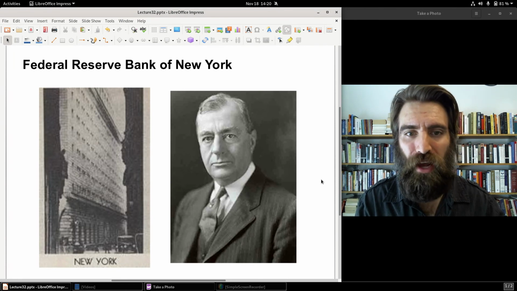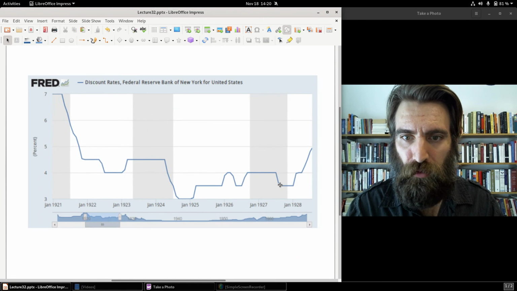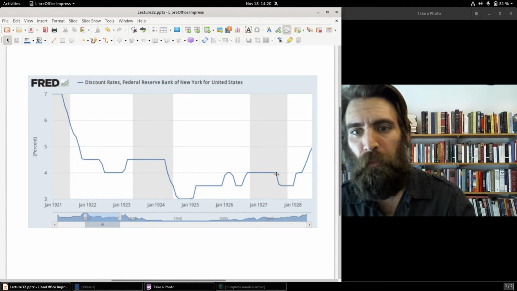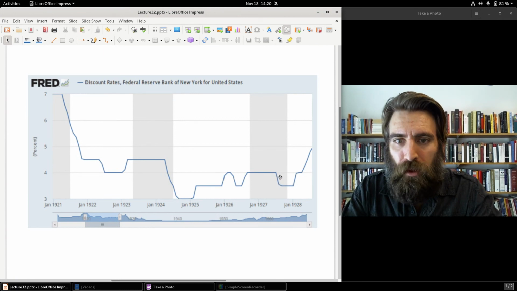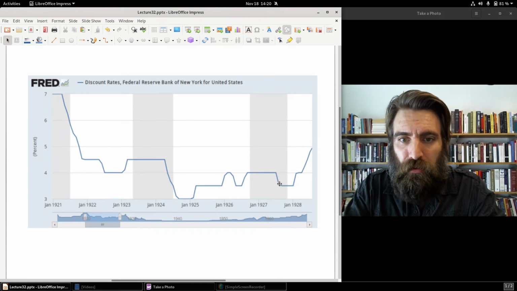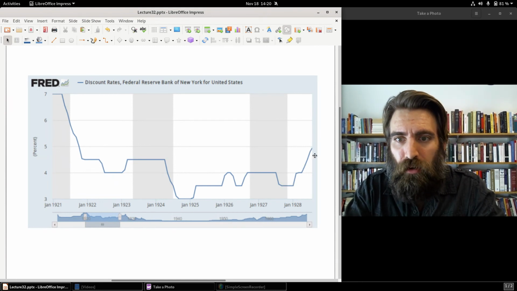But again, it wasn't enough, and it was too little, too late. But you see this here in 1927, there was a bit of a dip. That was a result of British concern over the ailing pound as the Bank of France began redeeming some of those notes. Later, the New York Fed is going to have to start to increase interest rates a little bit again on the eve of the Great Depression.